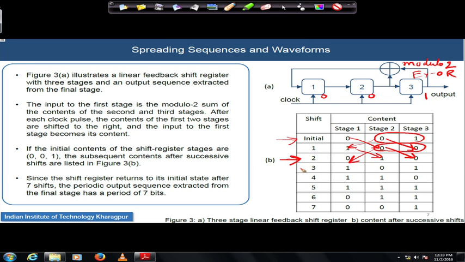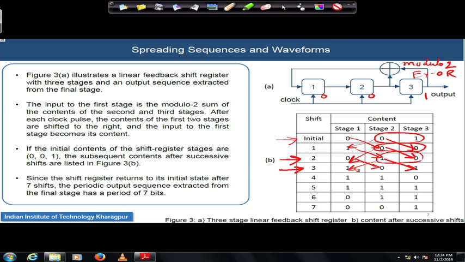This way it goes on. On the arrival of clock pulse 3, we see the same kind of behavior, and the XOR combination of 1 and 0 yields 1 and gets stored in the first stage.